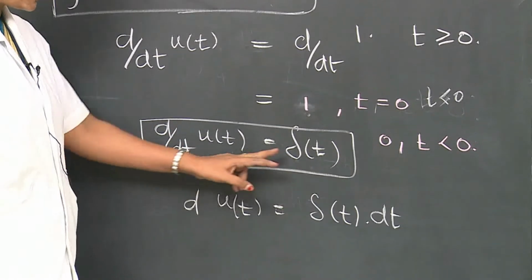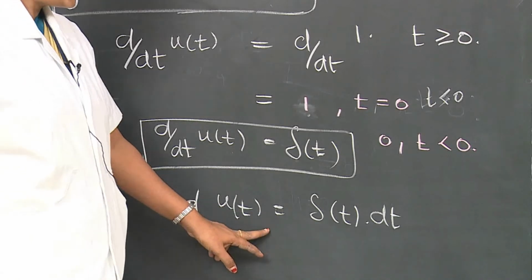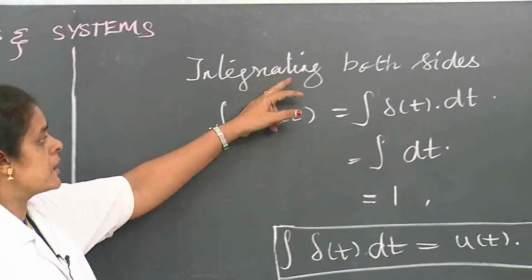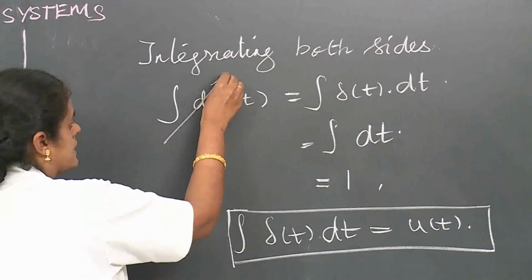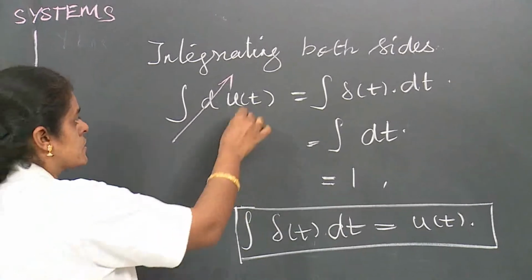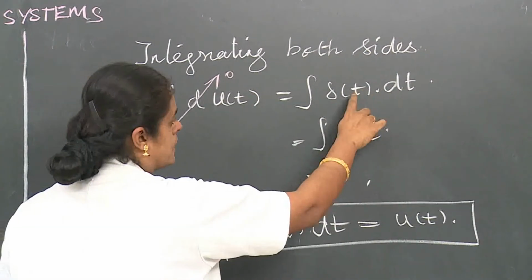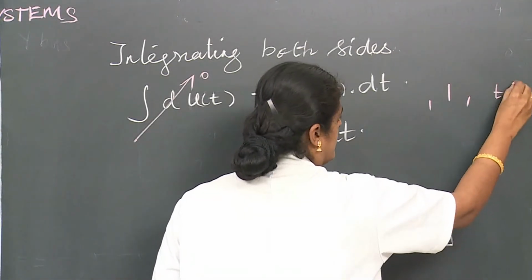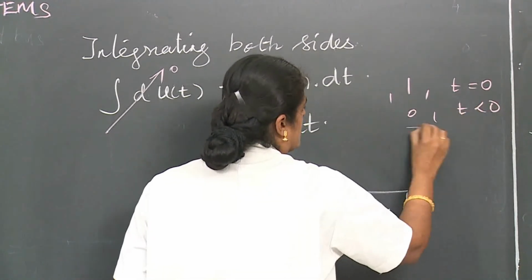Next you cross multiply this. So d of u of t equals del of t into dt. Again integrating both sides, integration and differentiation of u of t cancel, giving integration of del of t into dt. You already know that del of t is 1 for t equal to 0 and 0 otherwise.